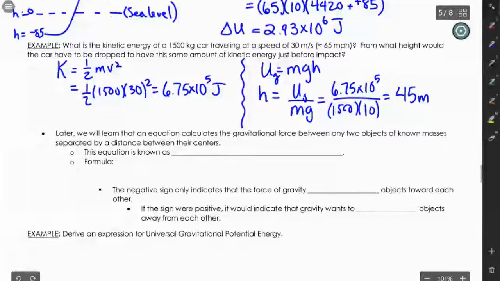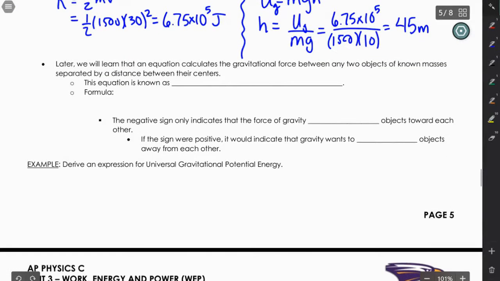Now, later we're going to learn an equation that calculates the gravitational force between any two objects when separated by their centers. This is known as Newton's law of universal gravitation.